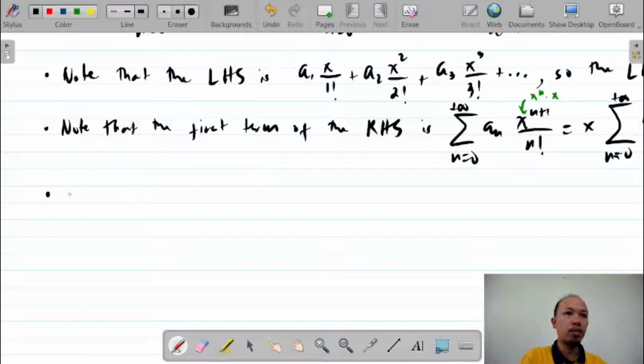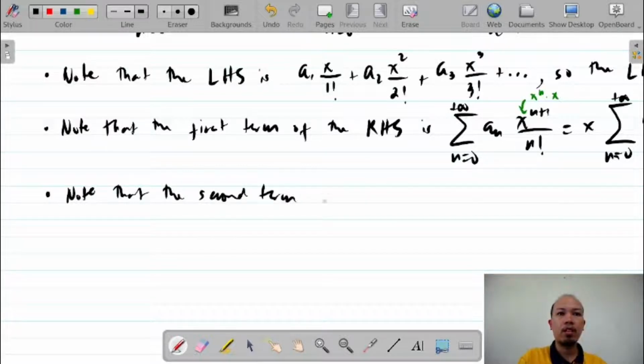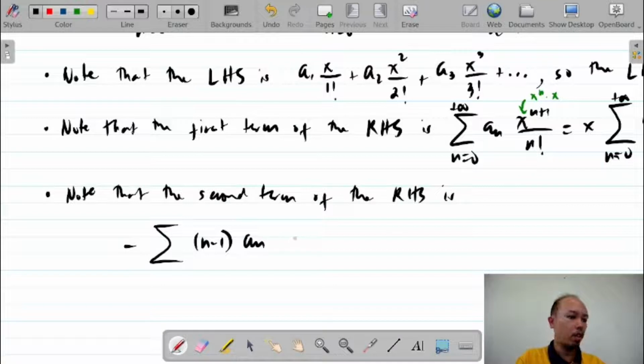Note that the second term of the right hand side is, as you have noticed, the negative of the summation of n minus 1, not a sub n, x to the n plus 1 over n factorial, where n starts from 0 to positive infinity.